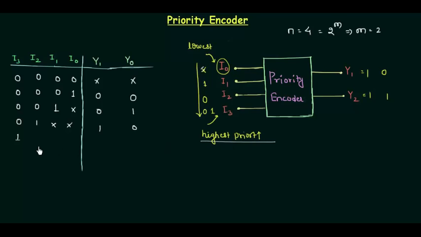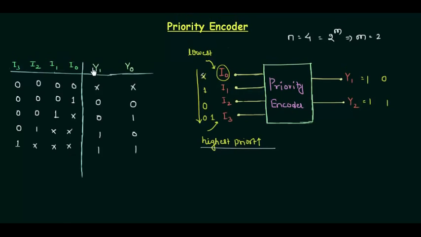So again, we don't have to look for the values of I2, I1 or I0. They will simply be don't care to us. Whatever their value, the priority is given to I3 and the output will reflect I3. So 1 1. Okay, so this is a small truth table for the priority encoder, and I hope you have just learned the central idea for the priority encoder.